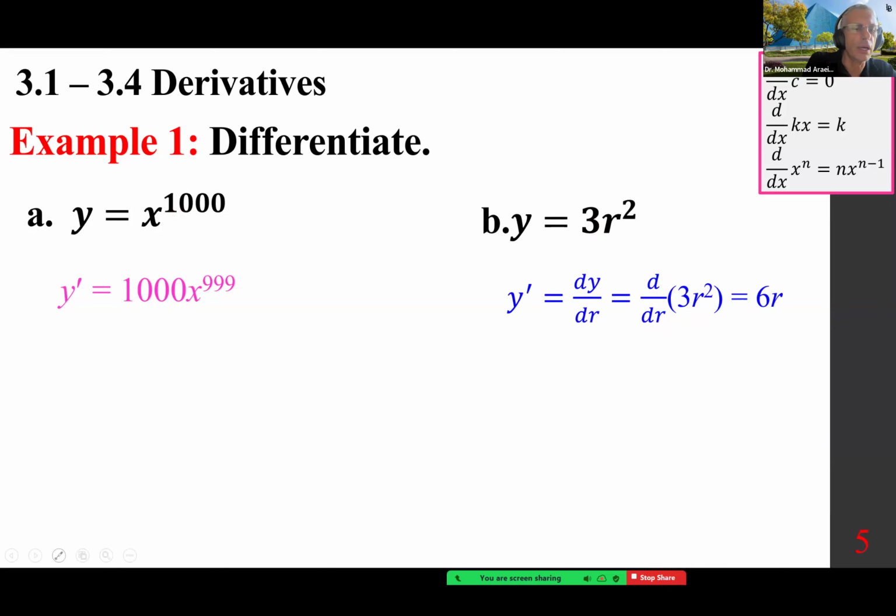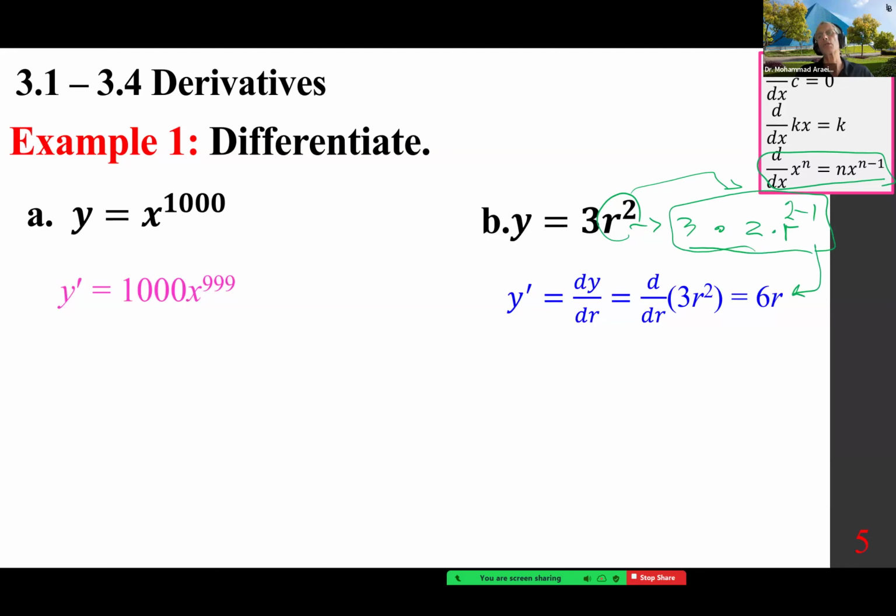It's 6r, and let's just quickly justify it. This becomes 3 times the derivative of r squared, which is 2 times r to the power of 2 minus 1, according to this formula, and that becomes 3 times 2, 6, r to the power of 1, or simply r.